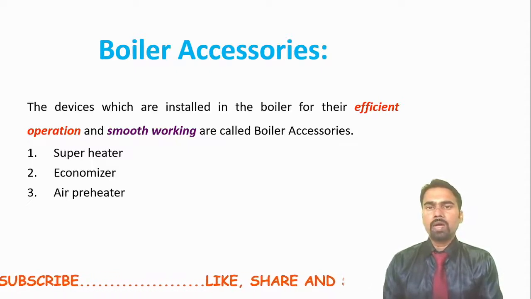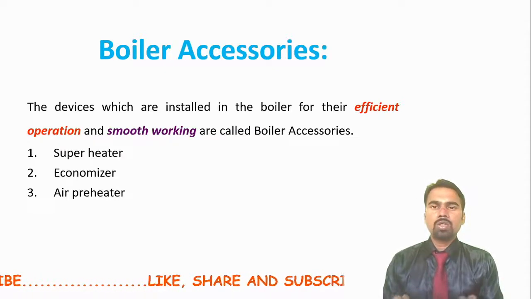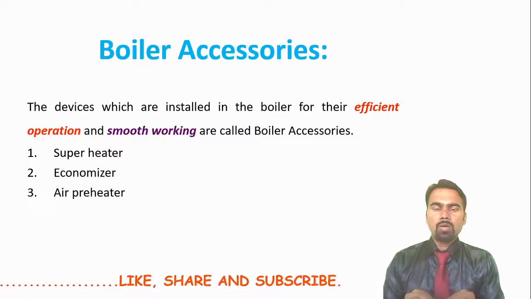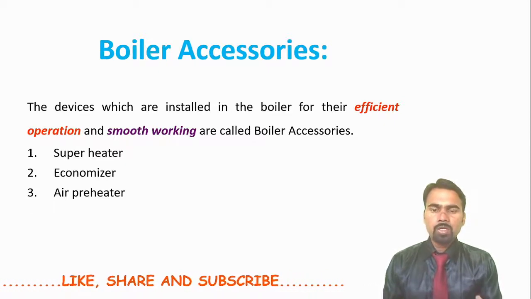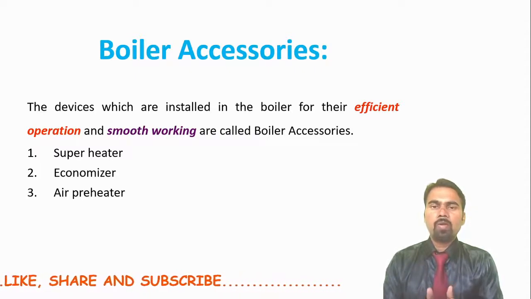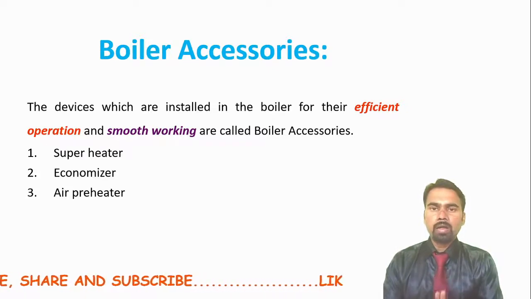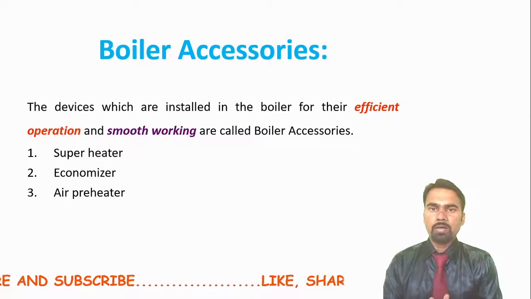Because of that, the burning of the fuel, or the combustion process, stops, and ultimately it stops the working of the boiler. So this is the function of the fusible plug. For manufacturing the fusible plug, the metal used is gun metal, which has a low melting point.